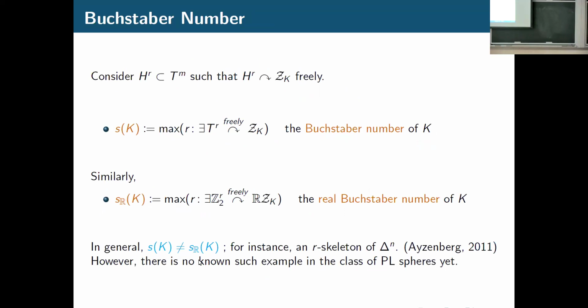The Buchstaber number of K is defined to be the maximal dimension of a subtorus freely acting on the moment-angle complex. Similarly, the real Buchstaber number of K is defined to be the maximal rank of a subgroup of (Z_2)^m freely acting on the real moment-angle complex.